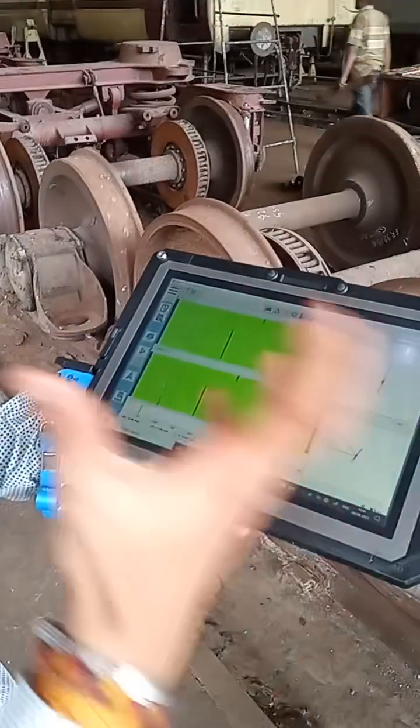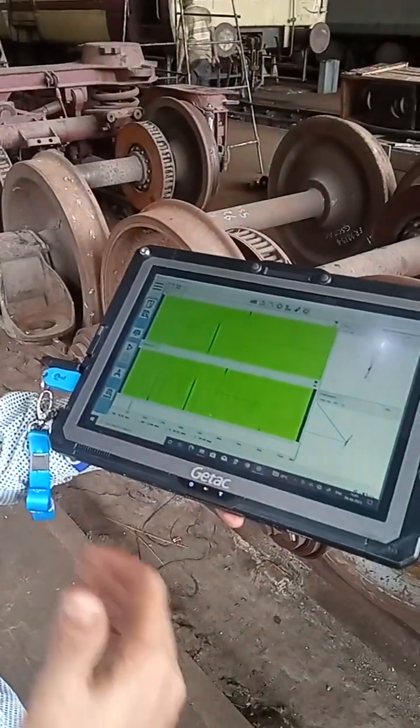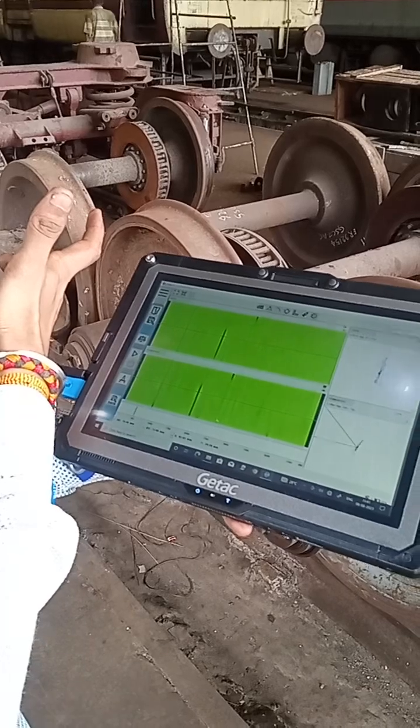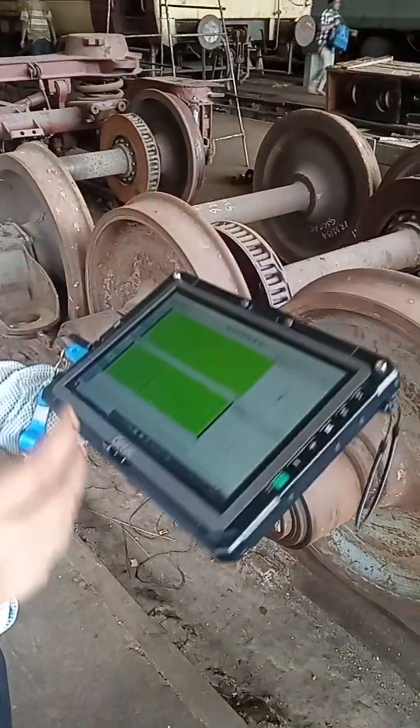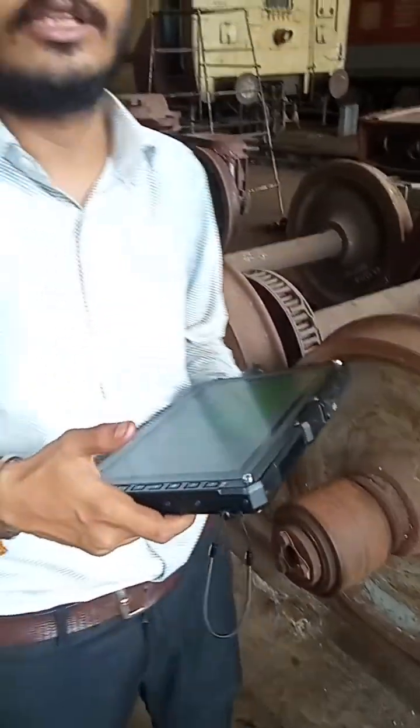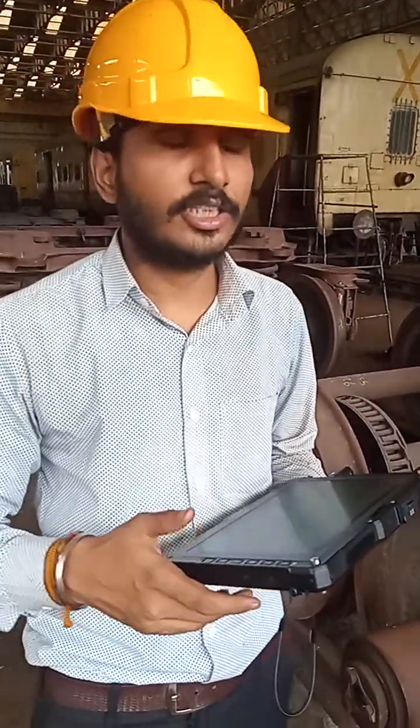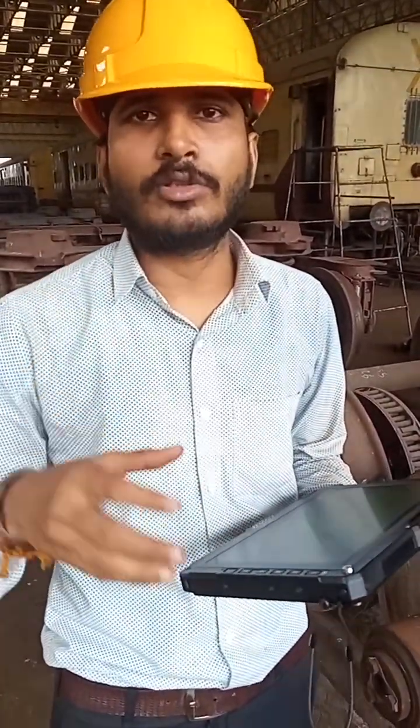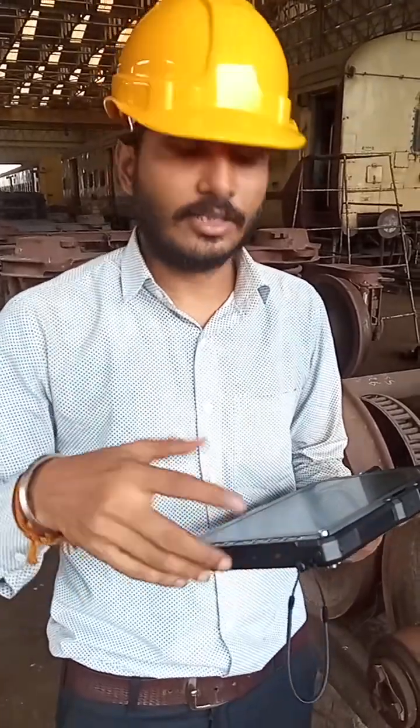If you get such a graph, you can say that the wheel is free from any discontinuity and other things. Next, we will see the inspection of ECA in a fitted wheel or fitted coach.